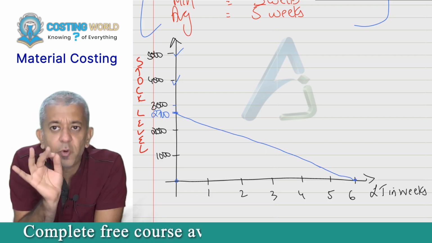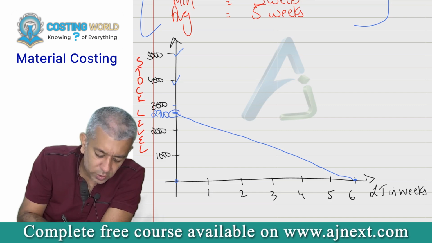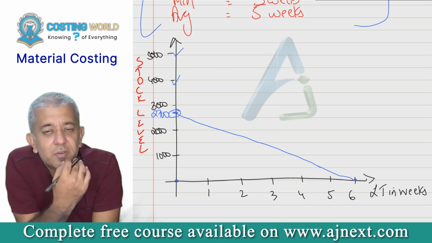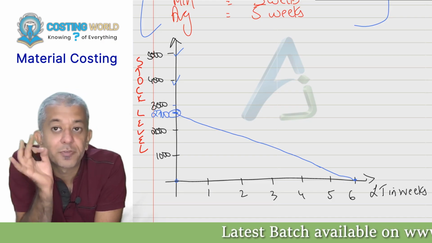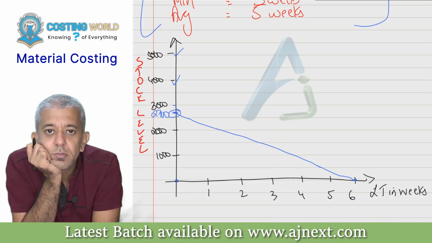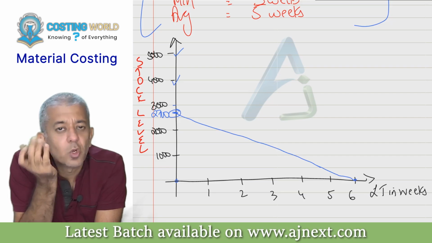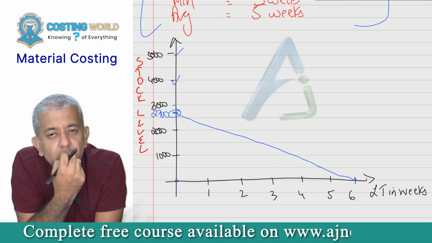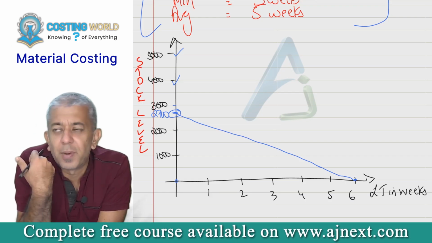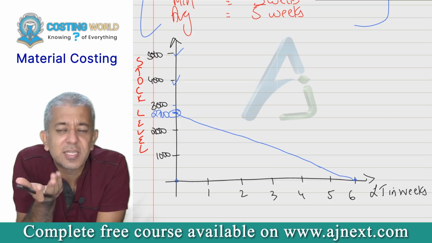So you all tell me, if you order at 2700 units, what is your percentage of risk of stockout? 0%, because I am keeping myself safe for any option, no? I am trying to keep myself safe for any worst thing that can happen here.